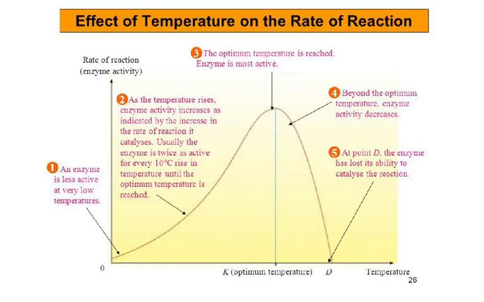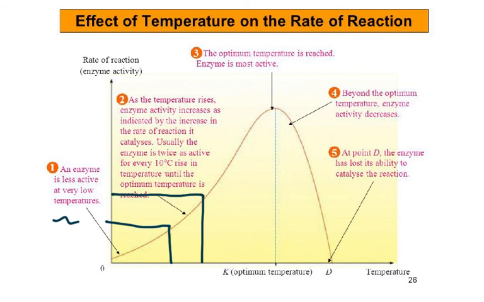Now this is a very nice graph which is depicting an enzyme is less active at very low temperatures. The important thing is that for every 10-degree rise in temperature before the optimum, the rate doubles. As the temperature rises, enzyme activity increases as indicated by the increase in the rate of reaction it catalyzes.